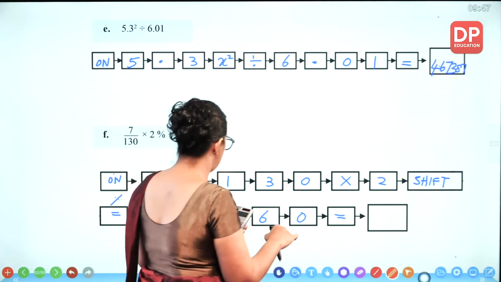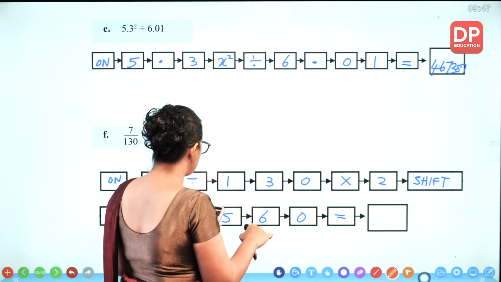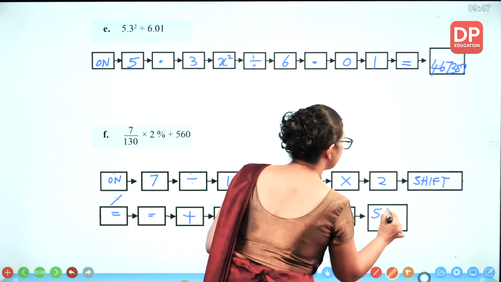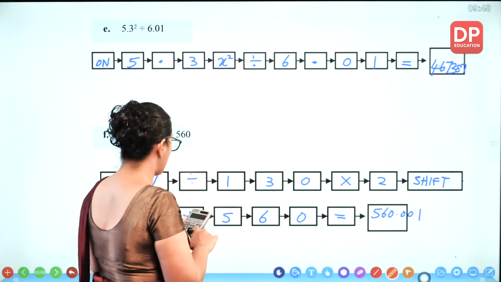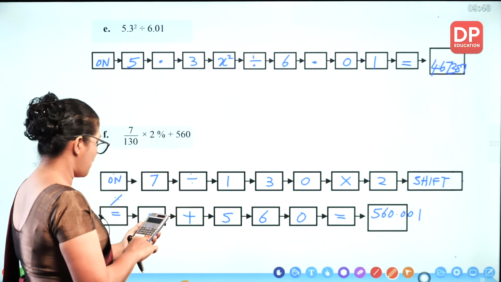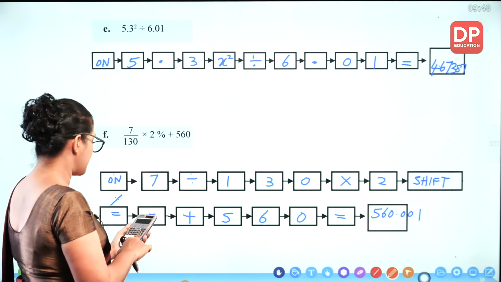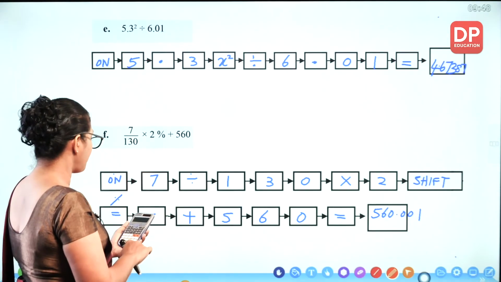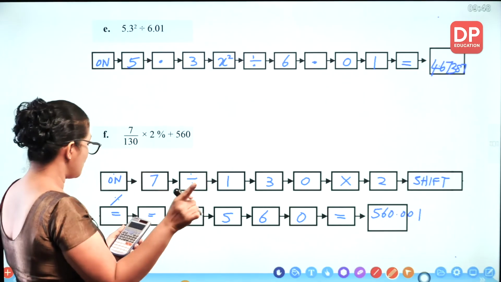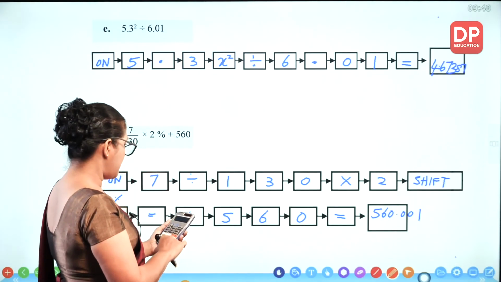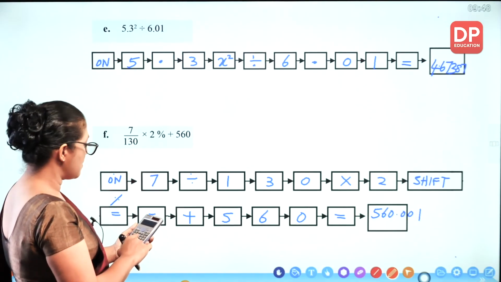So I get 560.001. Now check it again. 7 divided by 130 and 2%. You get a very small number, that's 0.00107, and then add 560, 560.001.